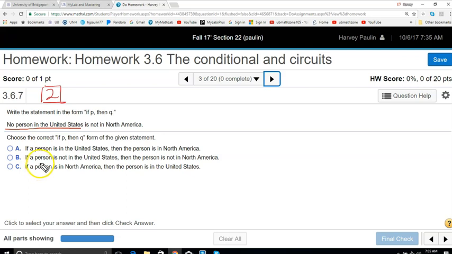We're just asked to put this statement in this form. And, you know, what's that old expression, if at first you don't succeed? If you are doing this in your homework and you don't get it right, then you get another shot at it to get it correct. Now, keep in mind that if someone's in the United States, they may not be in North America because we have Hawaii. Hawaii's not in North America, while Alaska may be considered North America, that part of the continent.